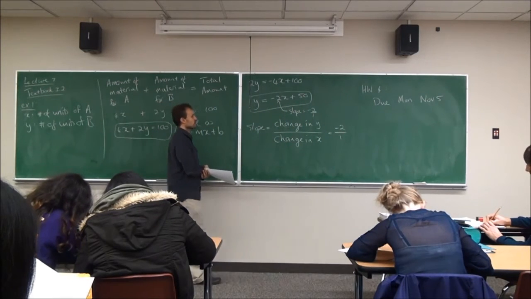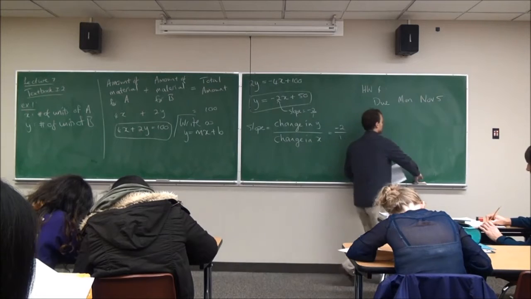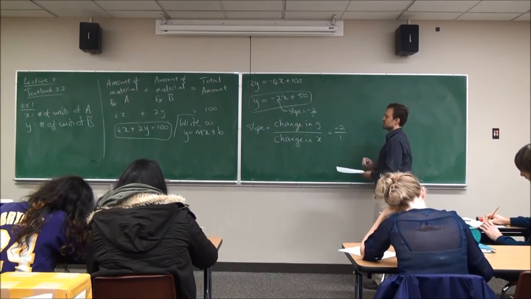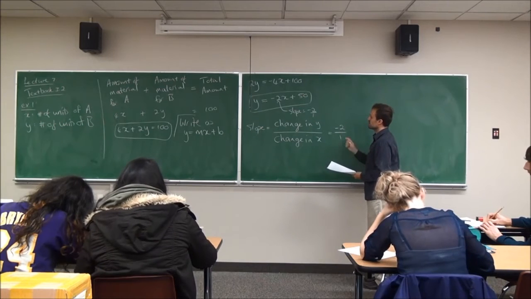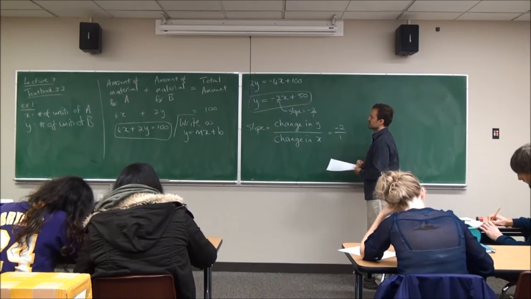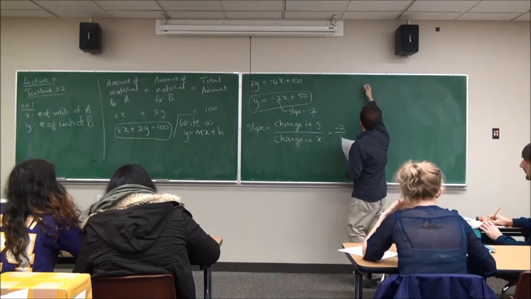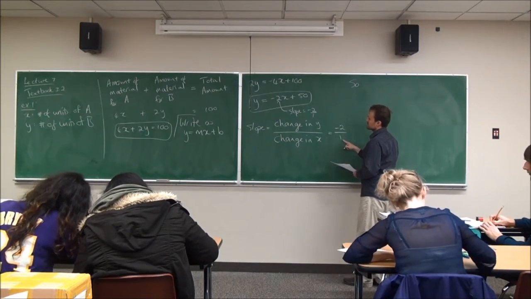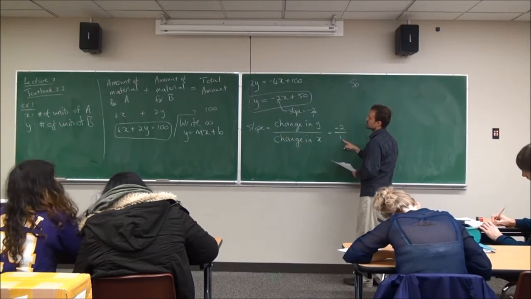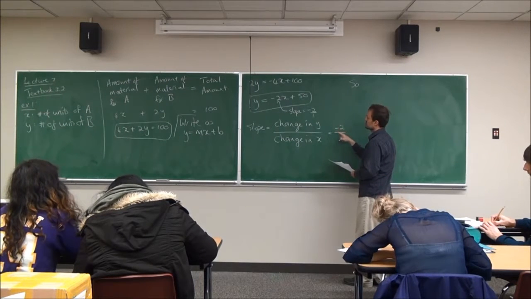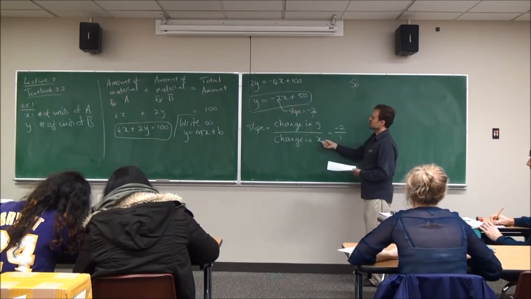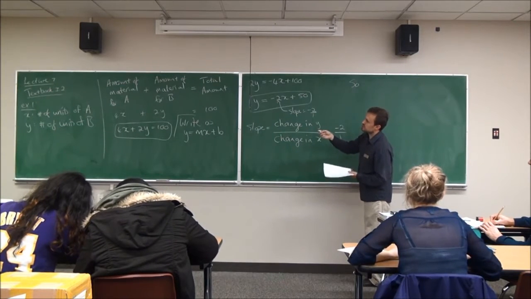What does that mean? One of the most important things on this topic is to be able to interpret the slope. So what does that mean? If x increases by 1, that corresponds to a decrease of 2 in y. Now what do x and y mean? I have to go back and remember.